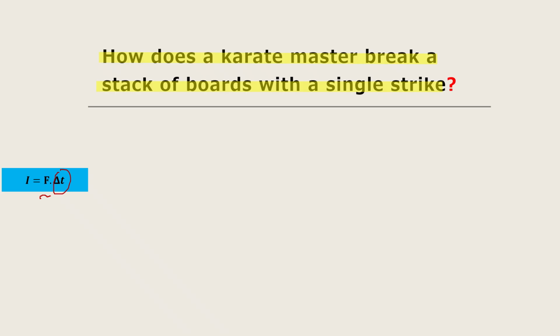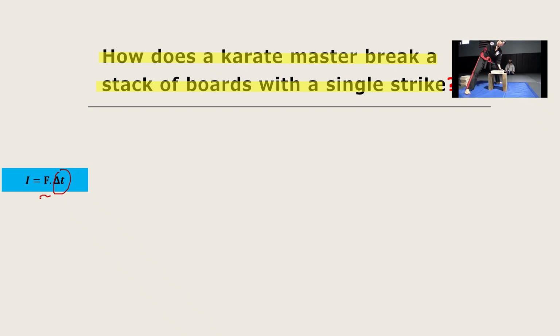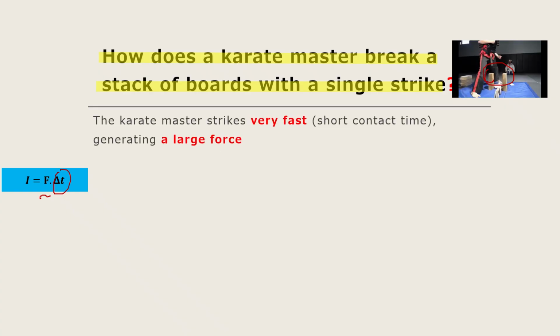In this animation you can see that when he strikes, he strikes very fast, and as he is striking very fast, the collision time is very small. As the collision time is small, it will have more force. So with the large force, he is able to break the stack of boards very easily.